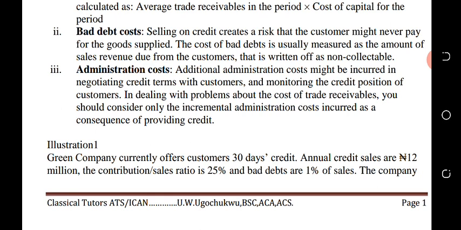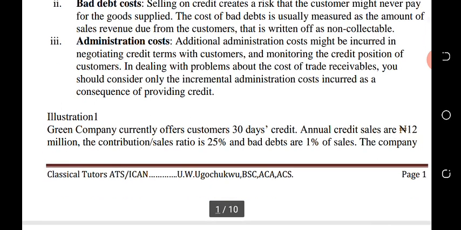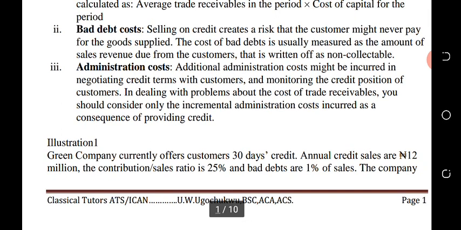Selling on credit creates a risk that the customer might never pay for the goods supplied. The cost of bad debt is usually measured as the amount of sales revenue due from customers that is written off as non-collectible or non-recoverable.